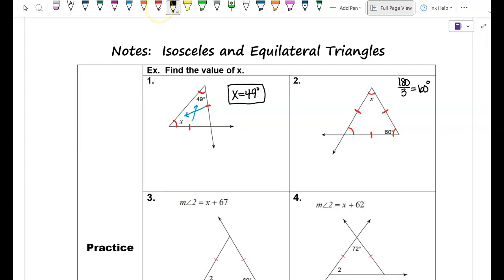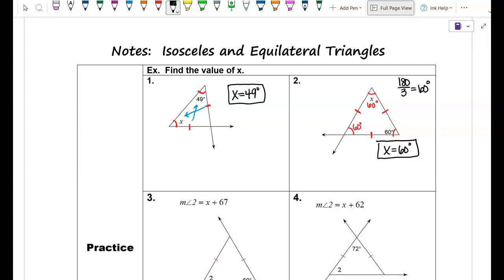So I know that each of these angles is also 60 degrees. So again, in this particular case, there's really nothing to solve. We would just say x equals 60 degrees. It's just about understanding, do I have an isosceles triangle or do I have an equilateral triangle?